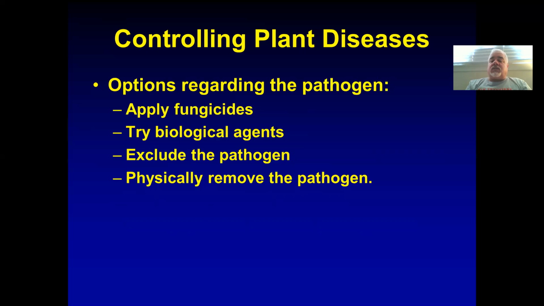In some cases, let's say I've got a vineyard and I've got some sort of a fungal problem on one of my vines, cut off the bad part or take out the whole vine and burn it, take it to the dump, whatever, get rid of it. And with some pathogens, they don't spread that fast and they don't take over areas that well.